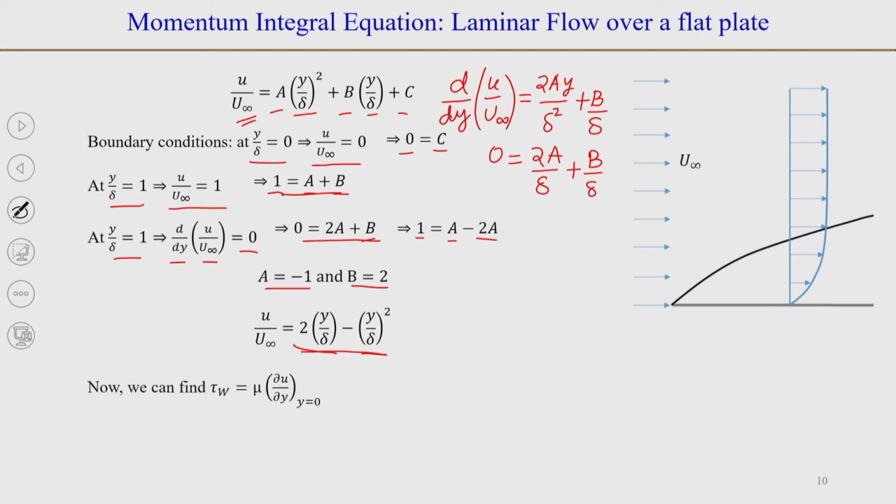Now, from this we can also find out the shear stress on the wall, which is mu into dou u by dou y at y is equal to 0.